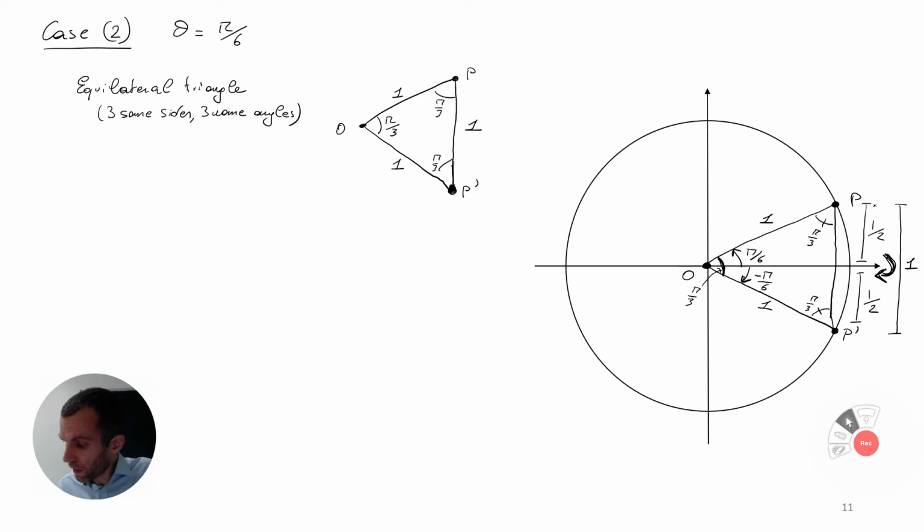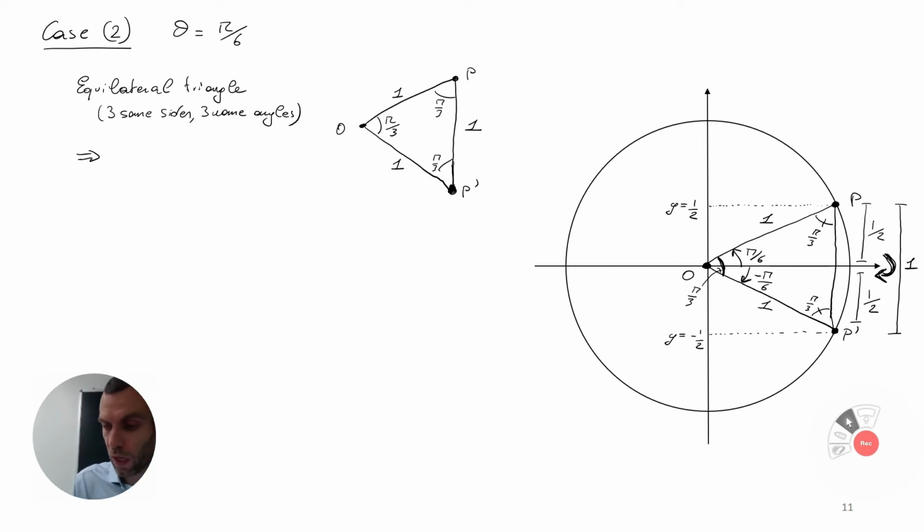So now knowing that this length here between P and the x-axis is 1/2, that's great, because that tells us right away what the y value for P is. So here we have y equal to 1/2. And here, by the way, it won't really matter, but y equal to minus 1/2.